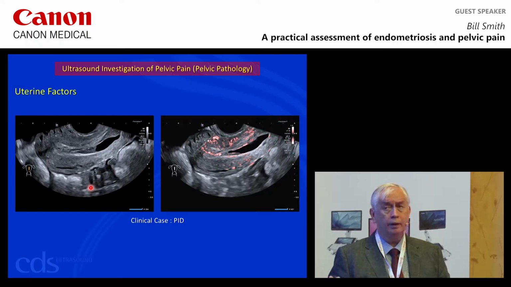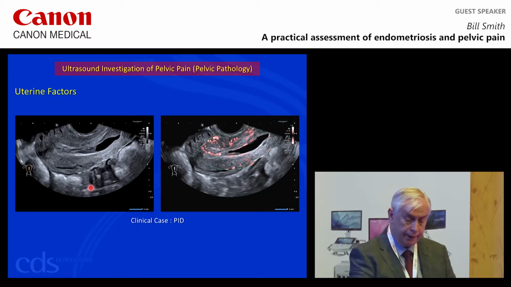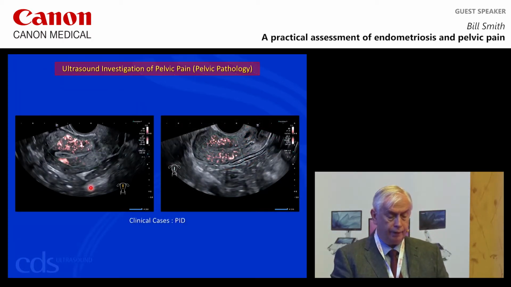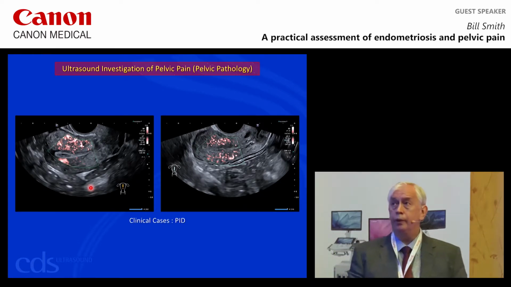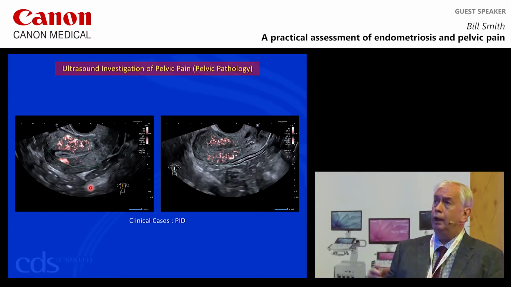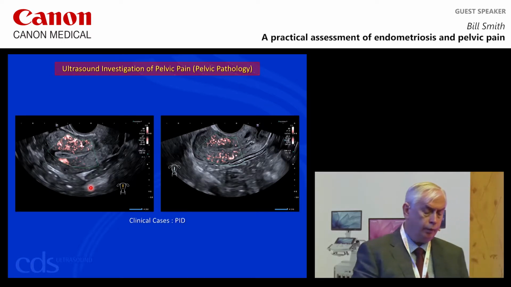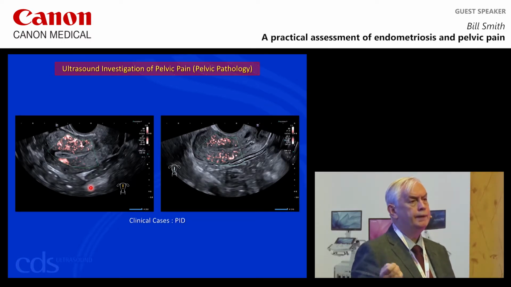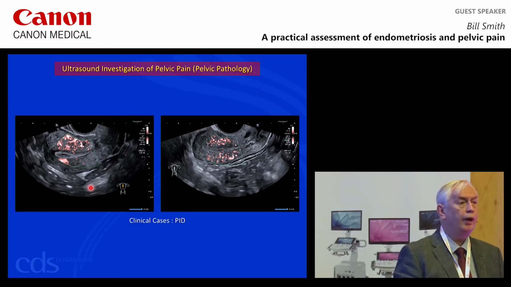Now, this is a case of infection. This is a further case of infection, and you can see the hyperemic changes there within the myometrium. But remember that you can get these changes for other reasons.